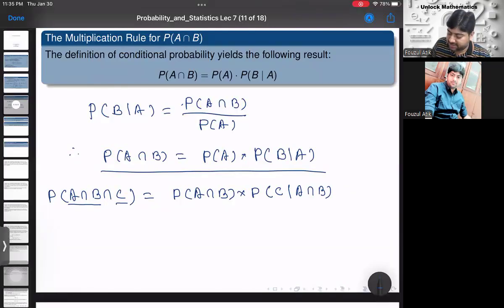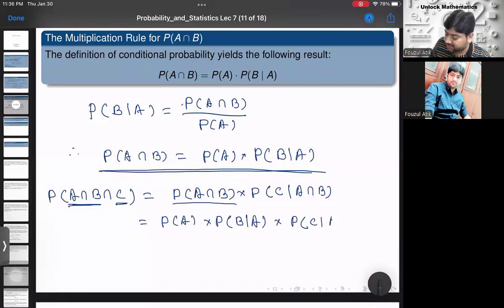Now this portion you substitute with the formula we already have. So it is P of A into P of B given A into P of C given A intersection B.